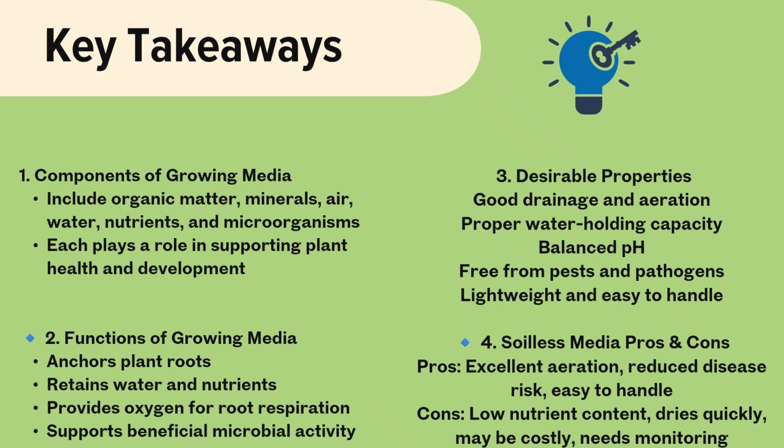So first things first, in terms of the components, we notice with growing media, they have to have some form of support. That plant needs support. It's also going to need air, water, nutrients, and microorganisms.